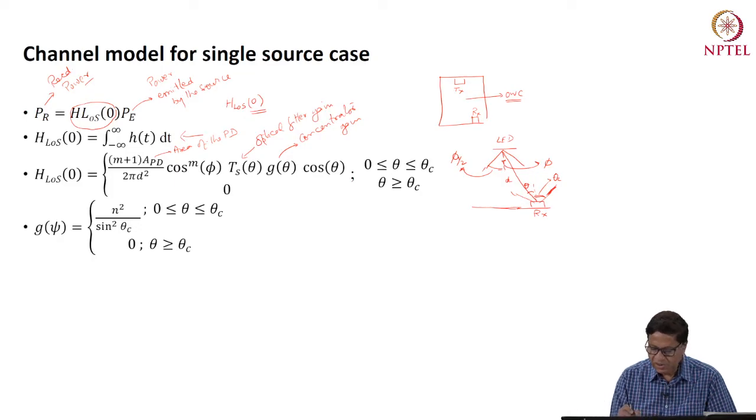And G of theta, the concentrator gain, is actually given by n squared divided by sine square theta c, where theta varies between 0 and theta c, and it is 0 when theta is greater than theta c. Here n is the refractive index of the concentrator.